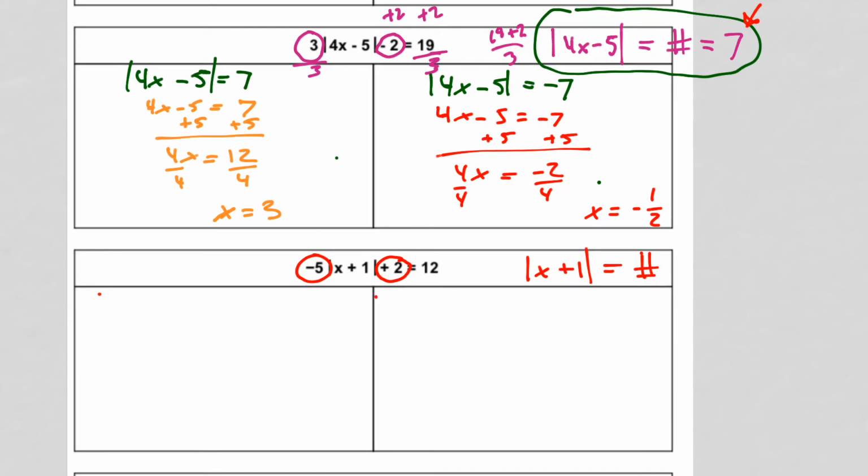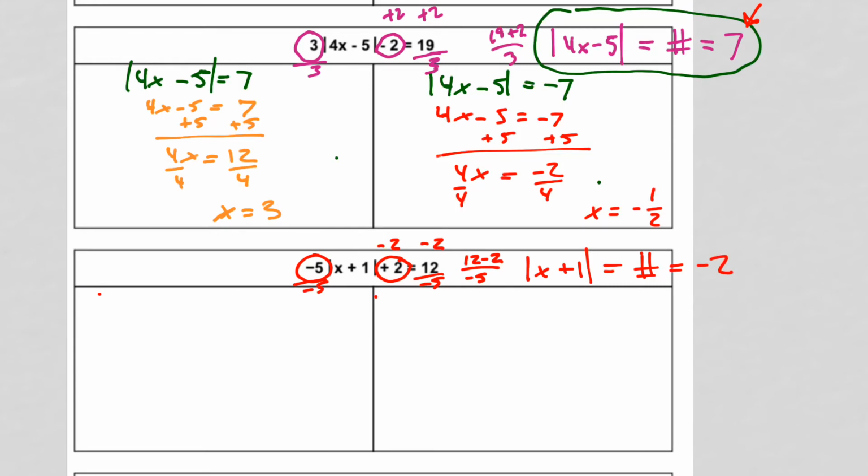So we've got to subtract 2 from both sides, and then you have to divide by -5, because that's the opposite of multiply here, and that's the opposite of plus 2 here. So you basically have 12 minus 2 divided by -5. So 12 minus 2 is 10, and 10 divided by -5 is going to be equal to -2.